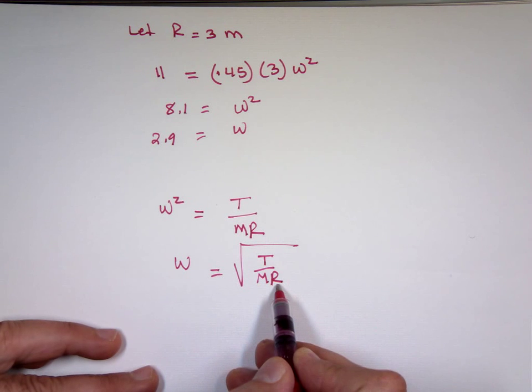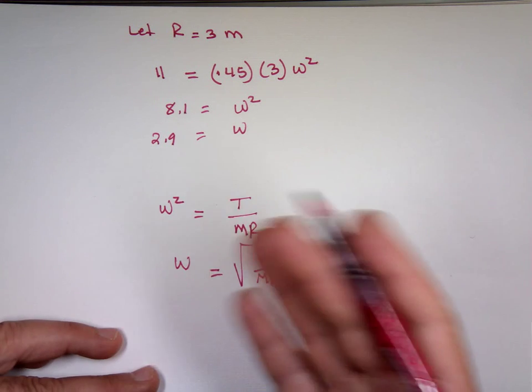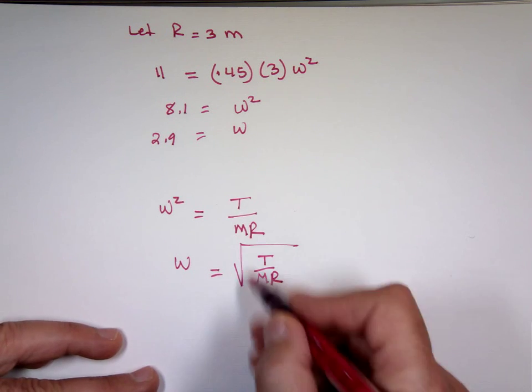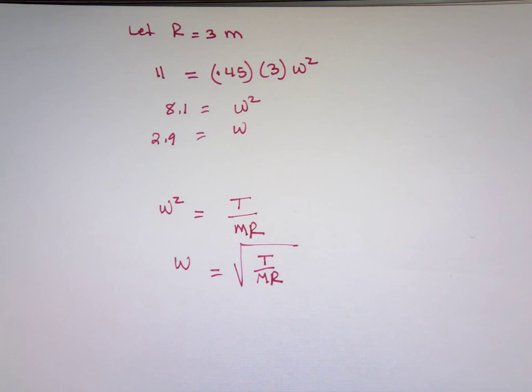As this number increases, the whole fraction becomes larger. And the square root of a bigger number is always bigger than the square root of a smaller number. So that's the reason why the value actually increases.